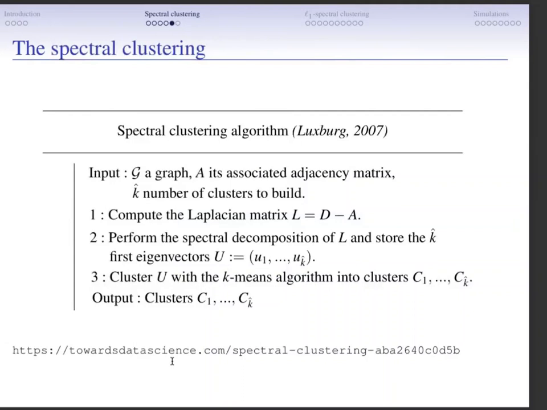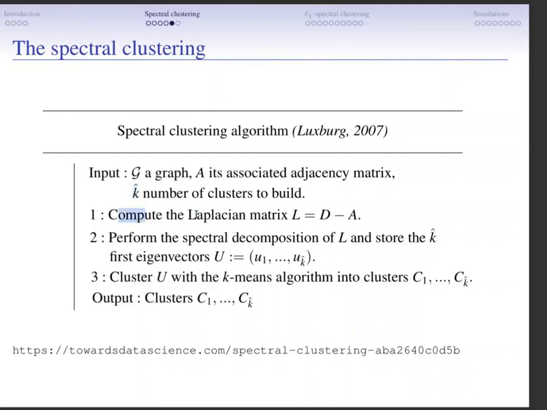So the spectral clustering algorithm, as described by Loubes, is the following one. As input, you have your graph G, the associated adjacency matrix, and the number of clusters to build, even though by doing the spectral decomposition you can still easily estimate this number of clusters.